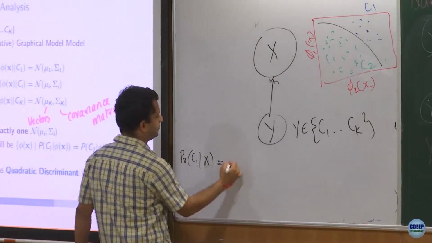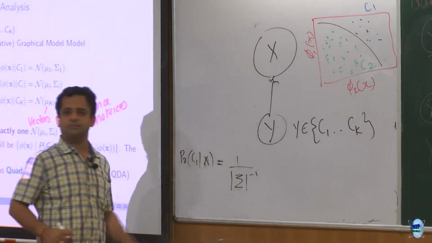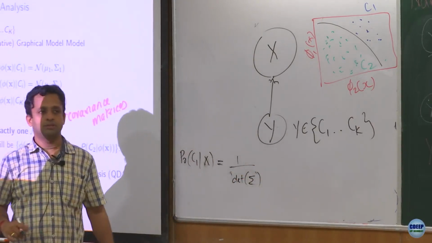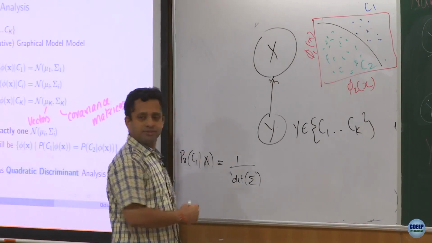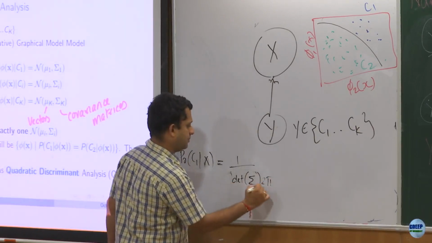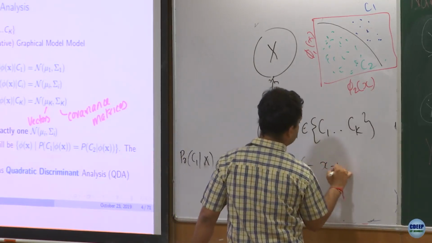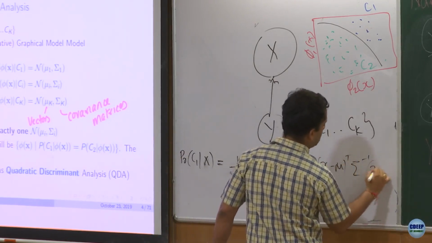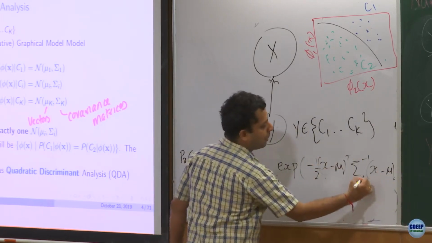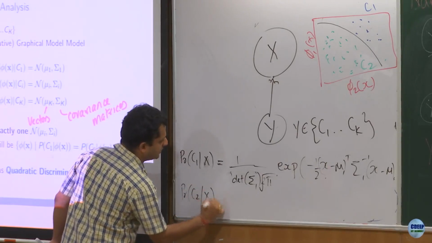So what will that look like? 1 upon square root of determinant of sigma, and 2 pi, the whole thing under root, into exp of minus 1 by 2 x minus mu transpose sigma inverse x minus mu, and here you will have sigma 1 for class C1, sigma 2 for class C2.